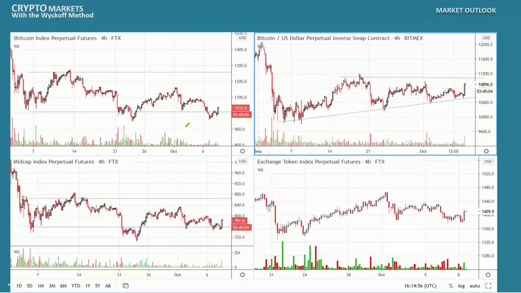And then another thought that I have here, look at the latest attempts to go down. Let's say this structure right here, this structure right here, this structure right here, and then I believe this structure right here. They all have the same type of structure, legs up, legs down, where the first leg down has more volatility than the subsequent leg down.